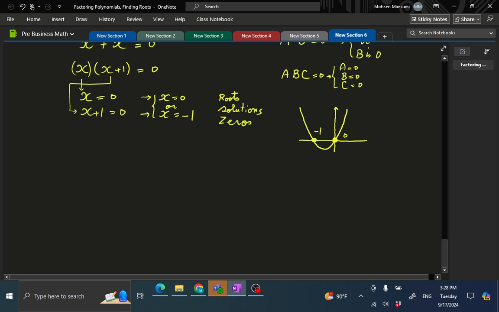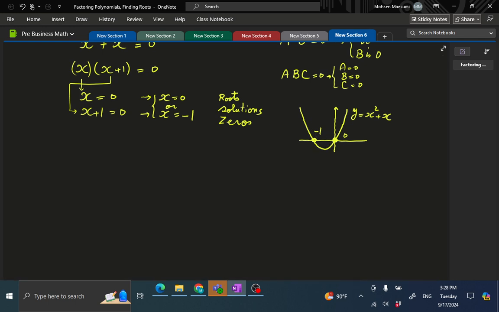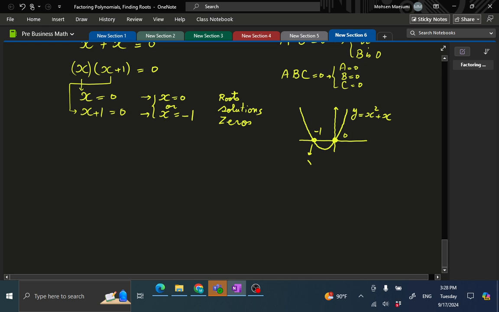So the graph of this is the graph of y equals x squared plus x. These are the 2 points where it strikes the x-axis. We call them the x-intercepts. You remember we call these things x-intercepts because that is when the picture strikes the x-axis.